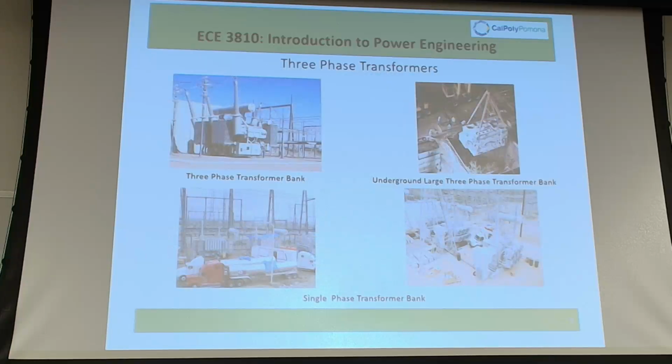So we go from distribution to substation transformers. Substation transformers, obviously size-wise, are much larger. They cost a lot more.